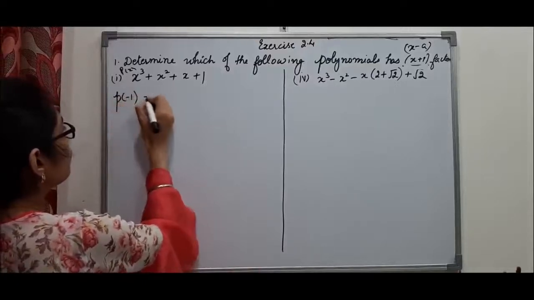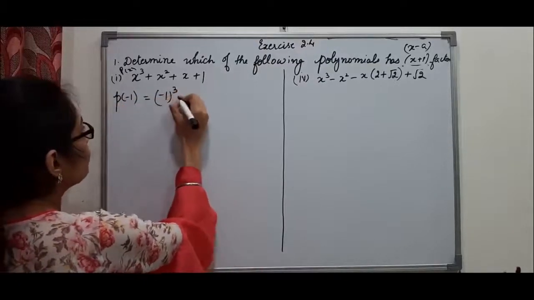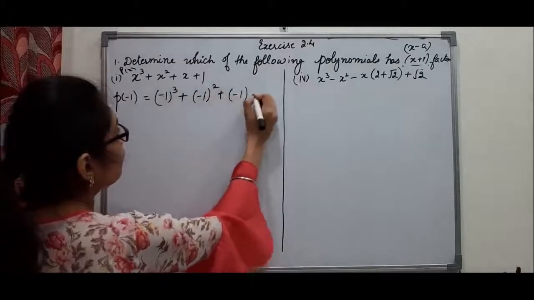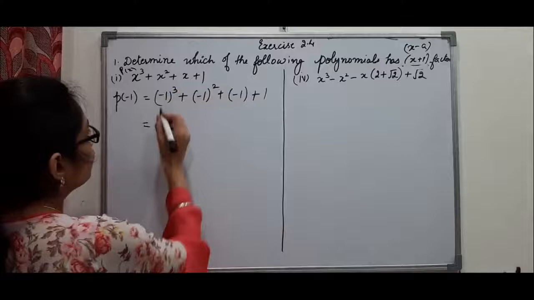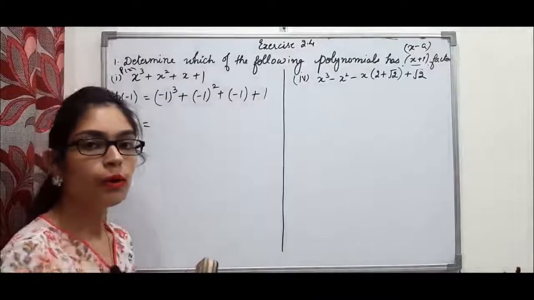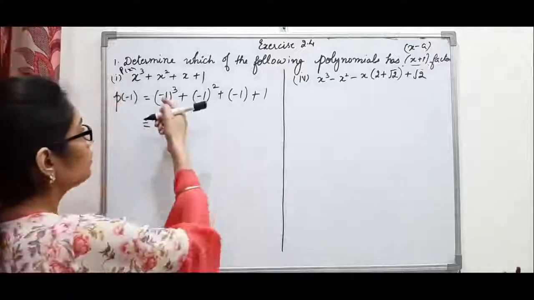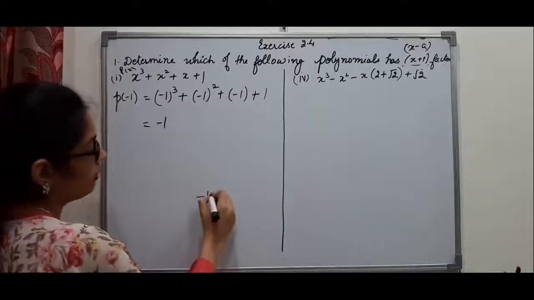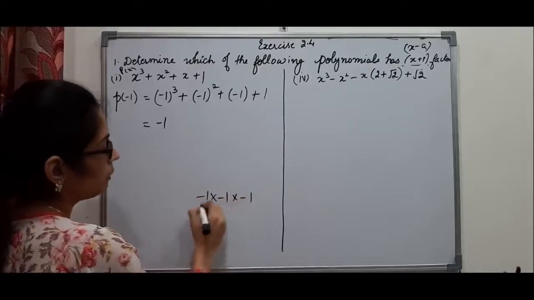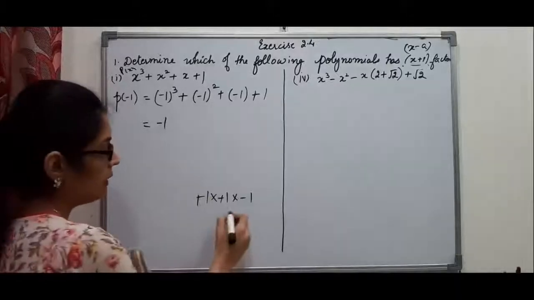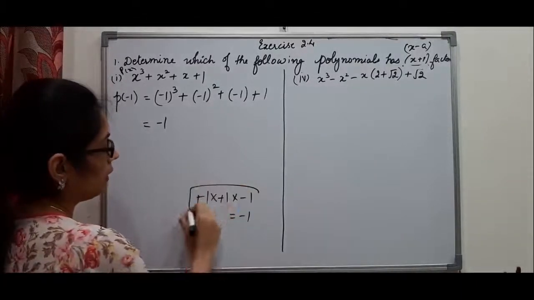P of minus 1: minus 1 cube plus minus 1 square plus minus 1 plus 1. So here the cube of minus 1: I have already told you odd power means your answer will be negative. So it will be minus 1, and you can check by doing it this way also: minus 1 into minus 1 into minus 1. 2 minus signs will get cancelled and I will get minus 1 as my answer.